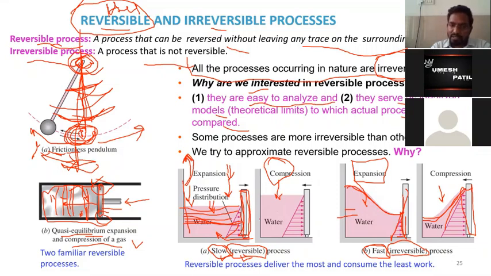Whether you are adding water or removing water, the pressure range will be the same. But in case of fast addition or removal of water, that pressure range is not going to remain the same. So that way, if you want to have a reversible process, you need to make it extremely slow. And if the process is fast, then that is definitely going to be an irreversible process.